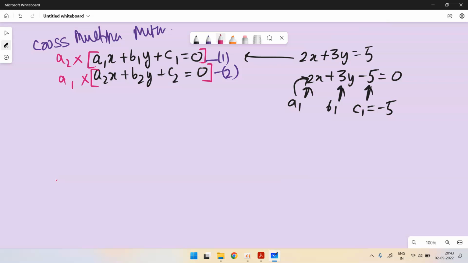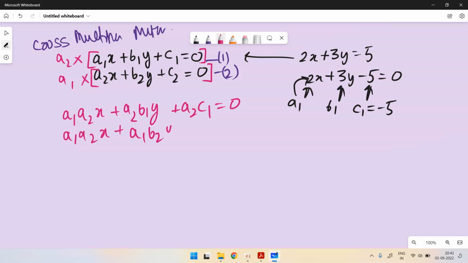So without wasting any time, the first equation will be a1 a2x plus a2b1y plus a2c1 equal to 0. Now the second is a1 a2x, because this will be the same, plus a1b2y plus a1c2 equal to 0.